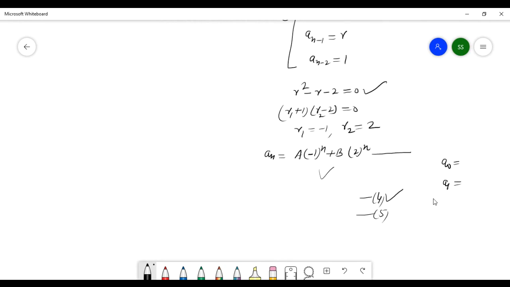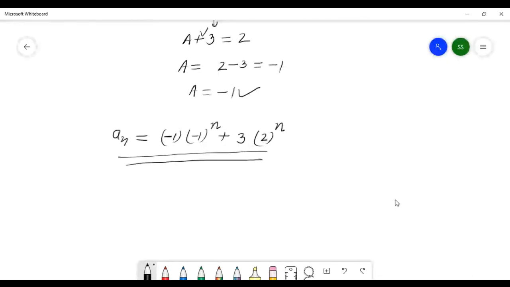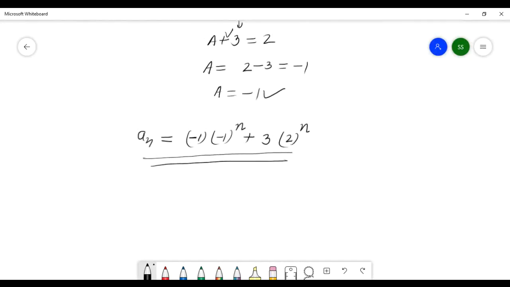Then solving equations 4 and 5, you will get A and B. Now put A and B in the general solution, and that is the final solution. Any question here?